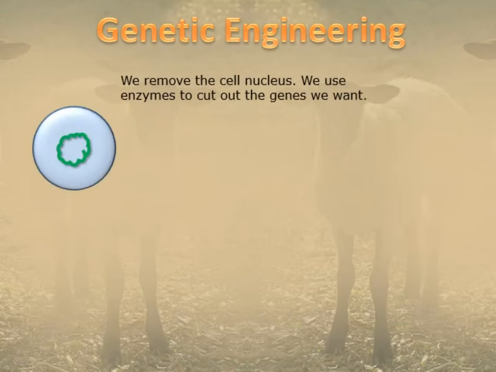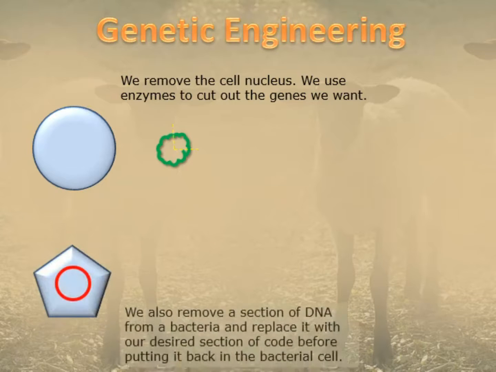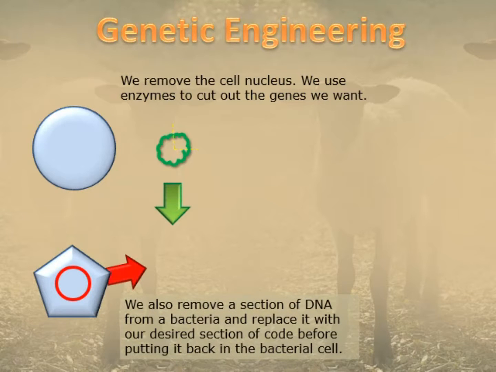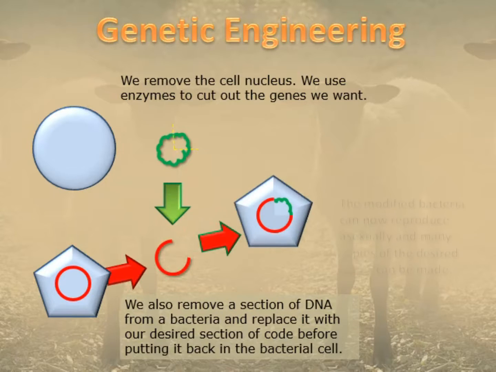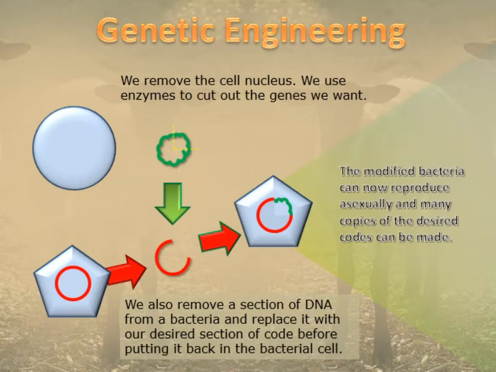So, how do we do this? Well, roughly speaking, we remove the cell nucleus and we use enzymes to cut out those genes that we want to keep. And then we also remove a section of DNA from a bacteria, and we replace it with the section of code that we took from our DNA.